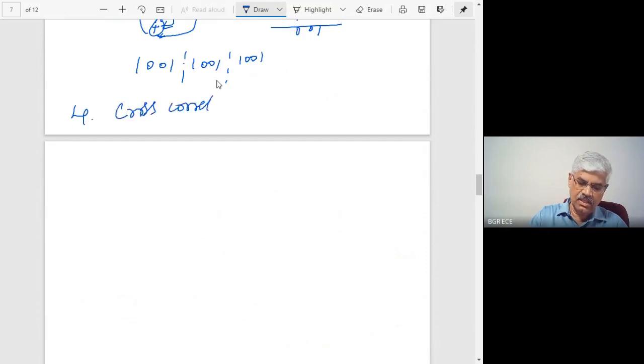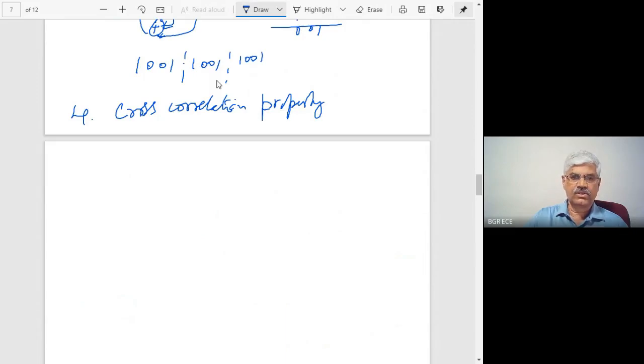Okay. If you want to understand more, you can open up the book and try to understand. I will just try to explain what cross correlation is. The code should have very minimum cross correlation.